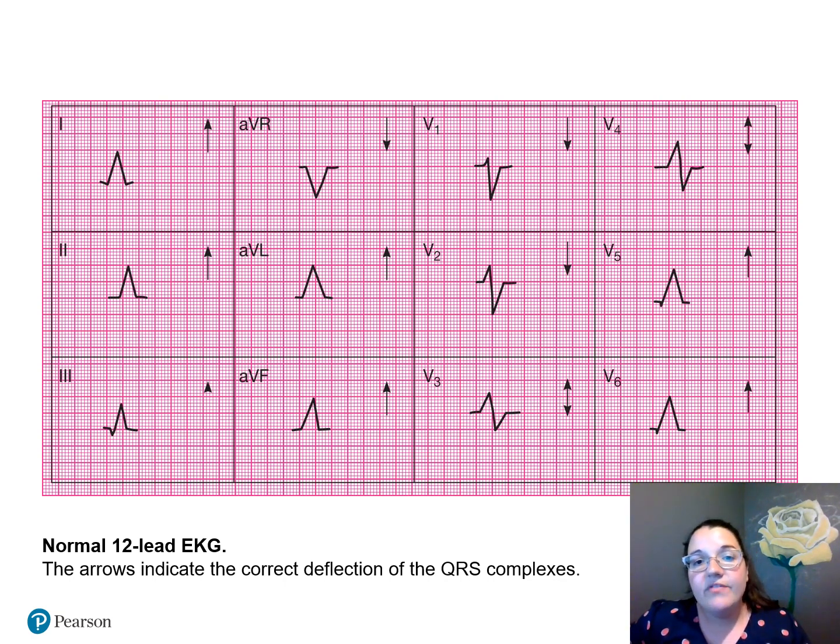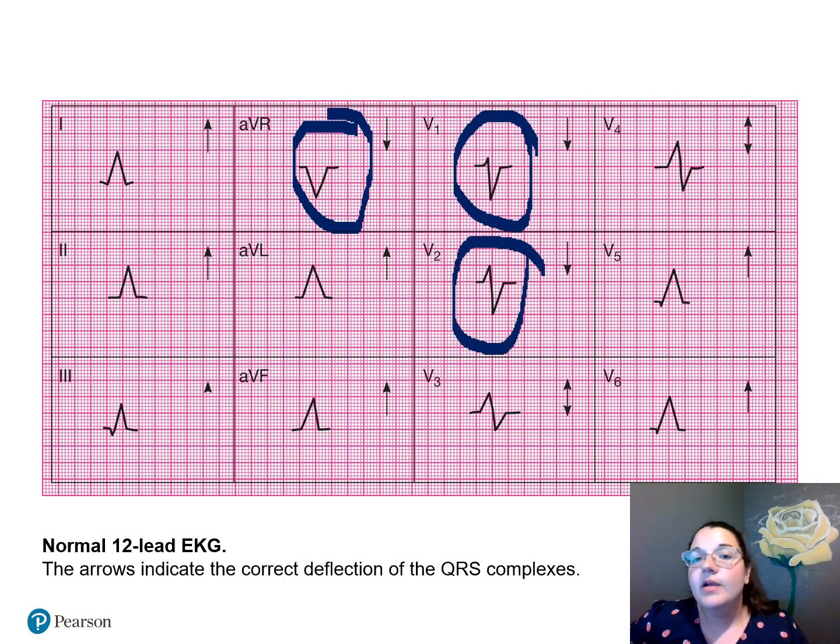And notice everybody is positive except for AVR and V1. You'll also notice V2 is negative, but remember, between V1 and V6, I need to start negative and wind up positive. And somewhere in between, I need to be isoelectric. In this case, V3 and V4 are isoelectric.